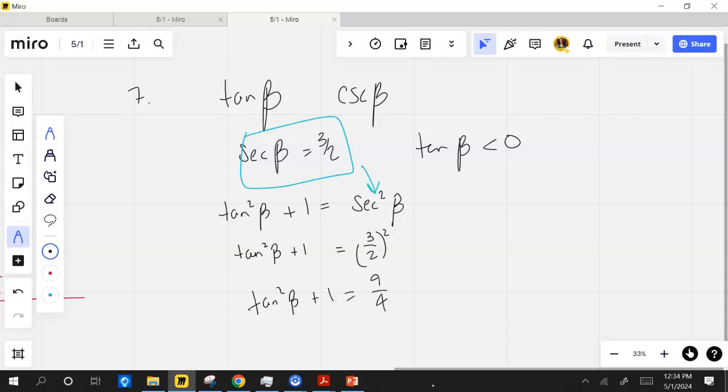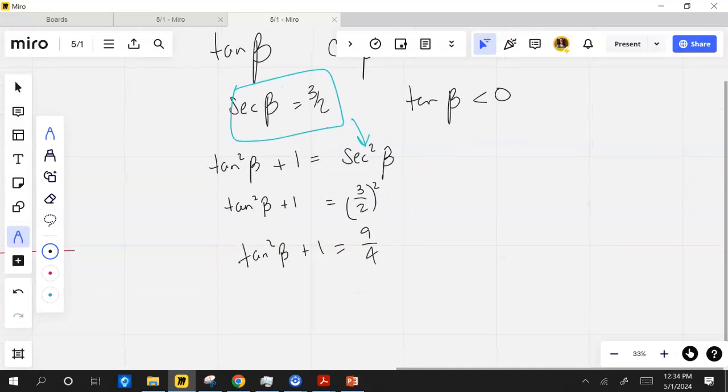I got 9 over 4. Did you say how do you subtract 1? Or you got it? So if I subtract 1 from both sides, I would make it 4 over 4. So tan squared beta would be 5/4. And now square root.